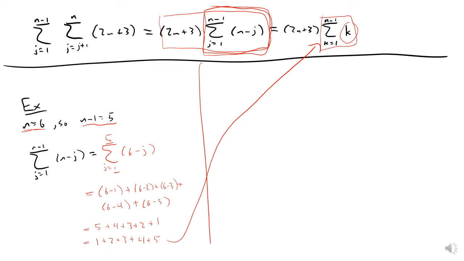So this is no different from saying the sum from k equals 1 to 5 of k, where 5 is our n minus 1. Now if I want to generalize this for any n, I get exactly what we had up here: the sum from 1 to n minus 1 of k.